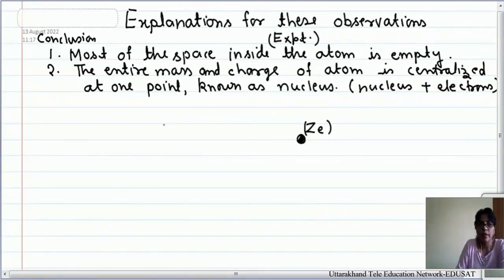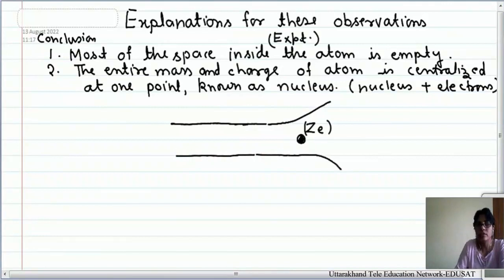So let us make a diagram. If an alpha particle goes towards the nucleus, then when it approaches the nucleus, it may deflect like this at some small angle. If it is nearer to the nucleus, then it may deflect at some higher angle.